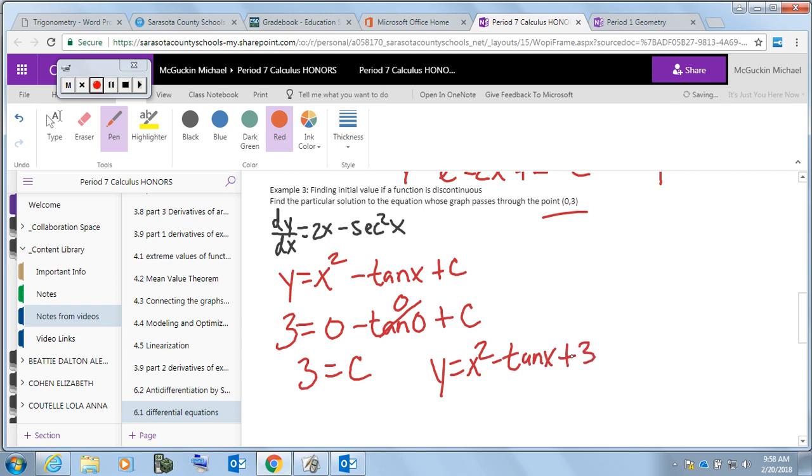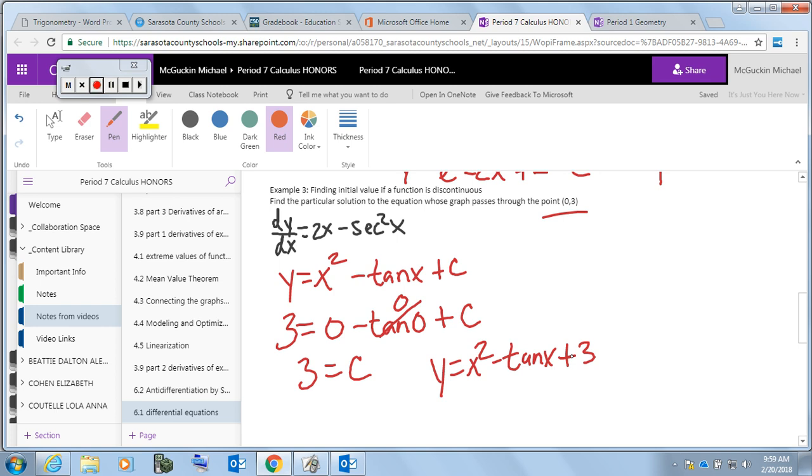Well, what was the point of talking about discontinuity in here? Think about what's happening in this particular graph. The point (0, 3) only pins down the continuous piece of the general solution.